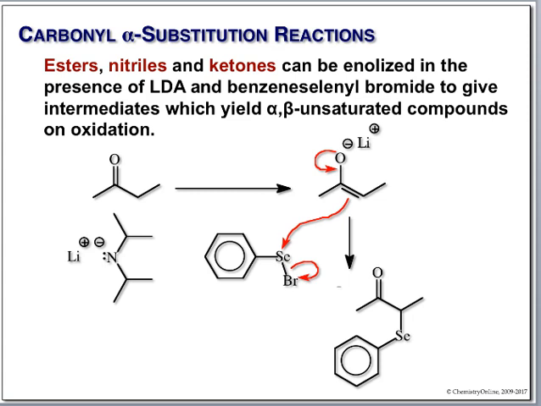Now, once we're here, selenium is just under sulfur on the periodic table, and they both react with peroxide to form oxidants, so you put two oxygens here on the selenium. That makes it an excellent leaving group. So if we dump in hydrogen peroxide, this becomes a super leaving group, boom, it's gone, and we make the alpha-beta unsaturated compound.